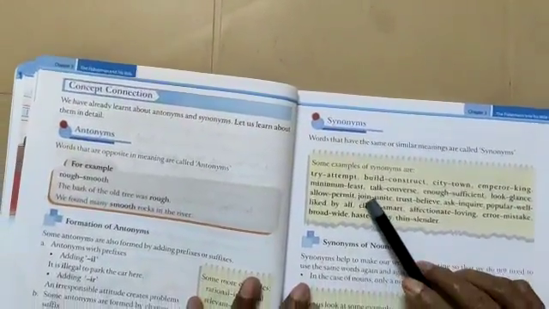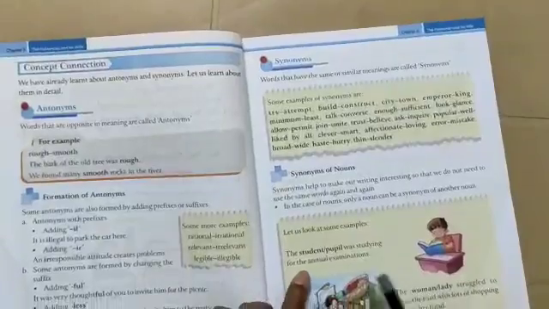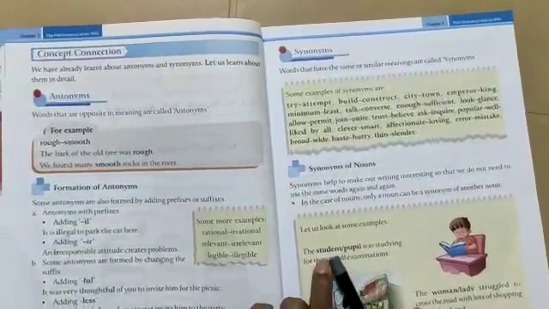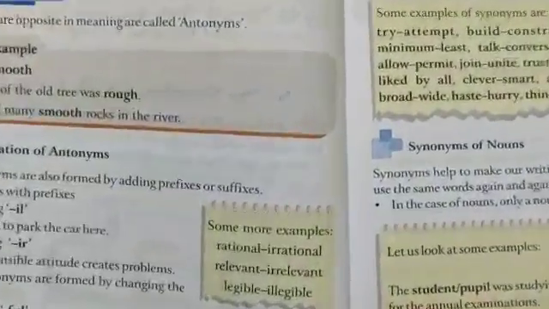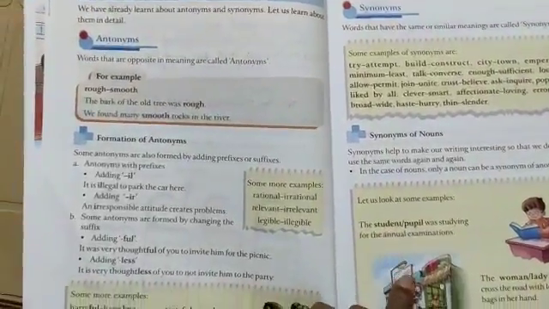What is it, children? Here you will take this example, children. For student we can say pupil.